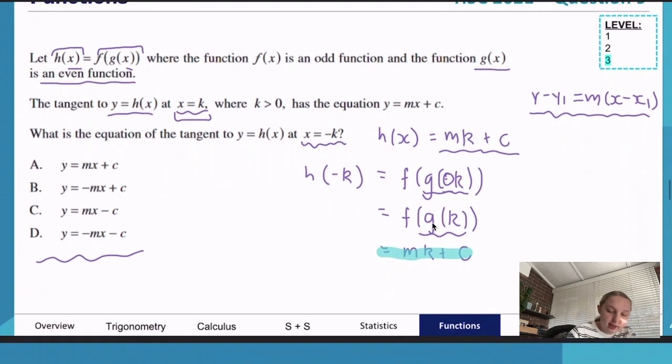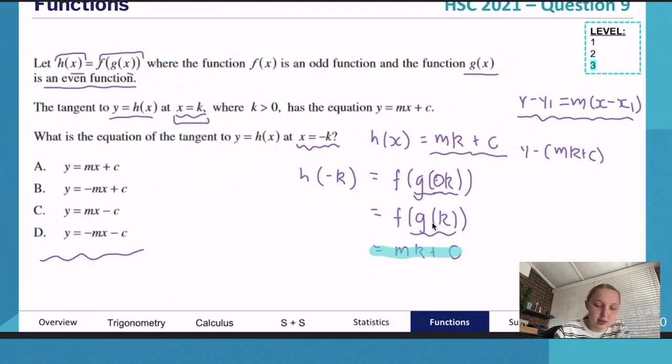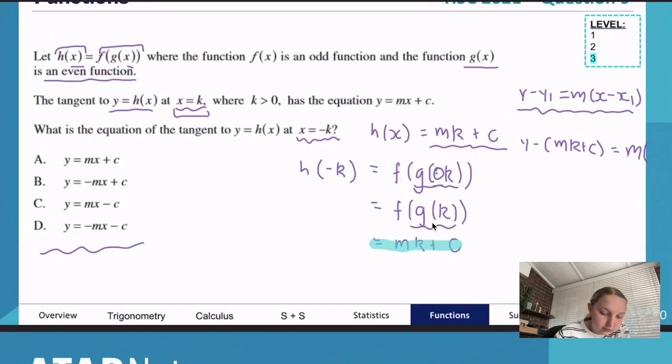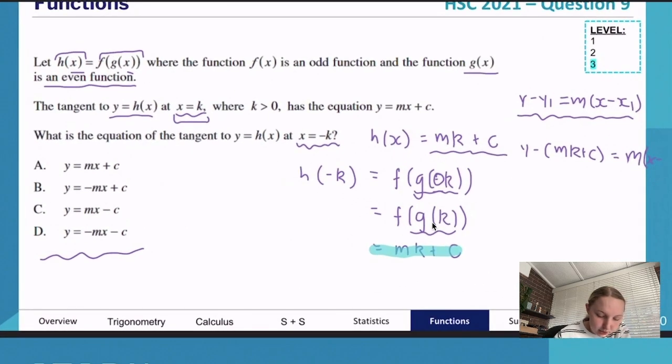So we're then going to do y minus y1, and that's going to equal m multiplied by x minus, oops, I just move this down a line, equals m x minus our x1, which is negative k, so we're actually going to get positive k.